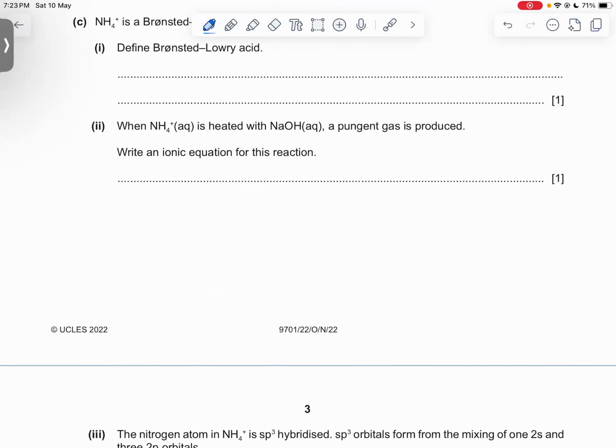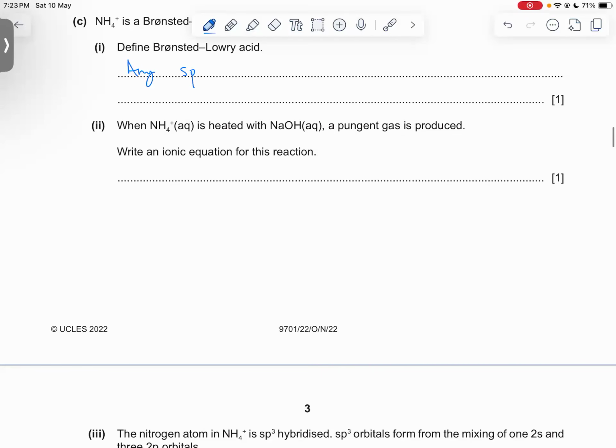So we will say that any species which has the ability to donate protons is a Bronsted-Lowry acid, full stop.